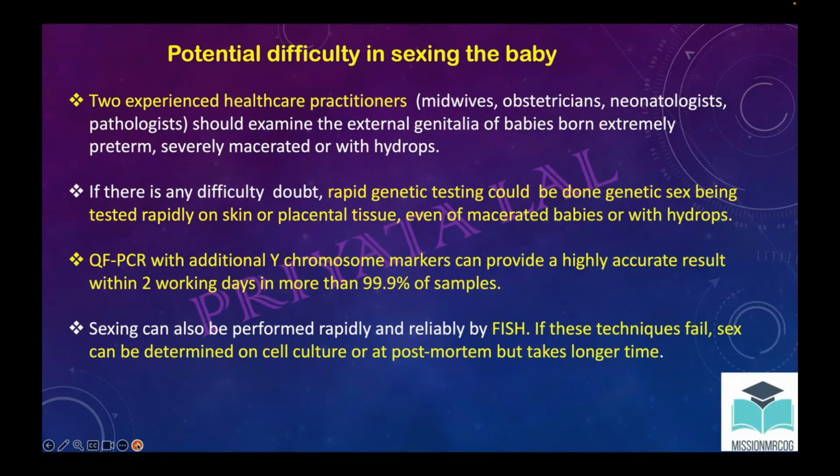Sexing can also be done by the FISH method, and if with all these methods we are unable to find the sex, then consideration for cell culture can be done, but that is going to take longer time. So all these things are necessary for the part 2 people.